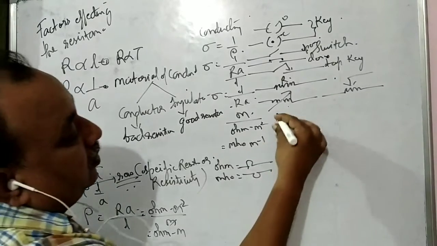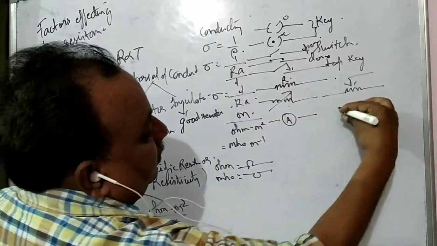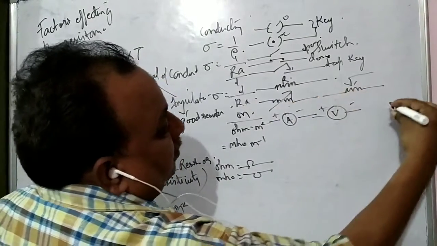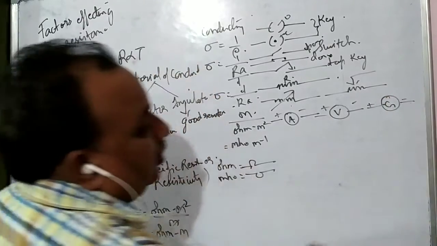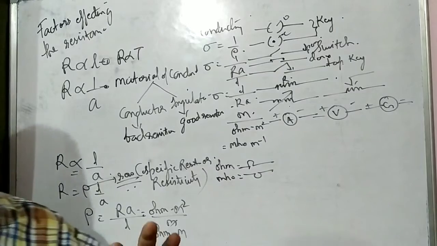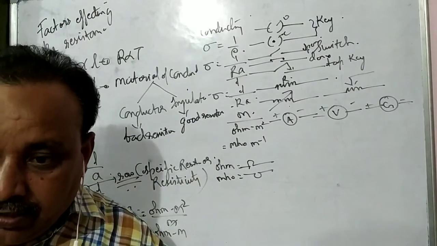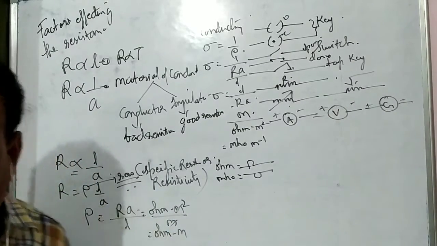If you are using an ammeter, it is A. If you are using a voltmeter, it is V, with plus and minus. Even if you are using G, galvanometer, plus and minus. What is a galvanometer? It is an instrument used to detect the presence of current. It can measure the current, but that will be discussed later.